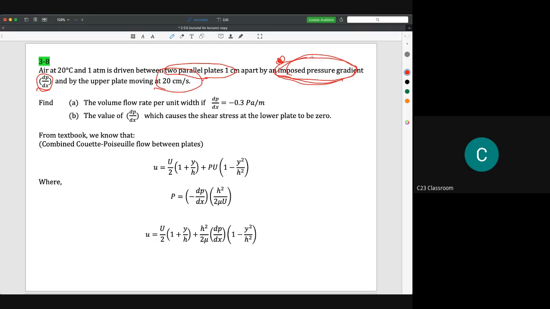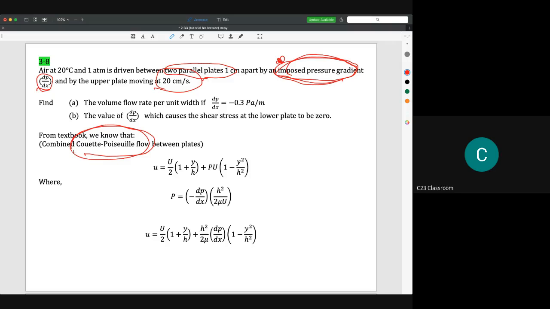Normally in Couette flow, we assume the pressure is atmospheric. An imposed pressure gradient means you might have a closed conduit, but you manage to move the two plates. So this condition is actually a combined Couette and Poiseuille flow.